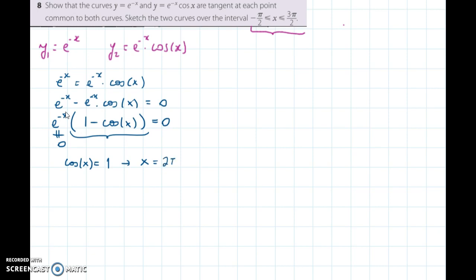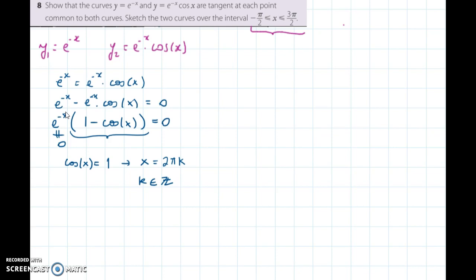So I can write 2 pi k, where k is an integer. So this is true for 0, as we saw in the picture, but it is also true for 4 pi or minus 14 pi. So any multiple of 2 times pi.